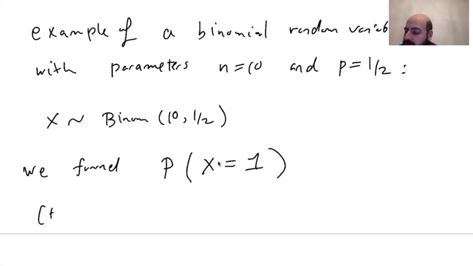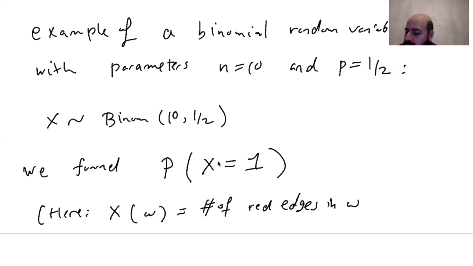Here X of omega is the number of red edges in omega.